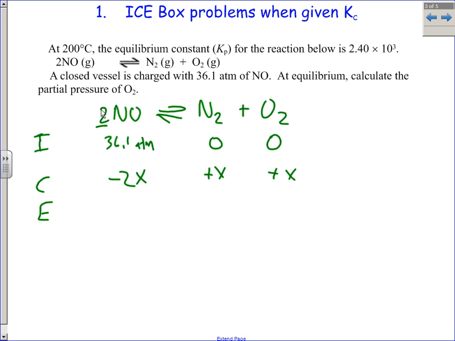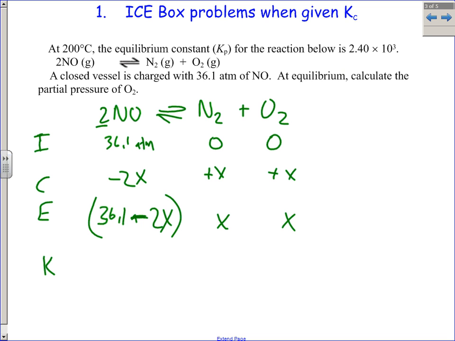So when we put these together, I know at equilibrium, these will have a concentration of x, and this will be 36.1 atm minus 2x. So I know at equilibrium, that's how much of this thing's concentration would be in terms of x. Now, once you've got your icebox set up, the next thing you need to recognize is you need a K expression.